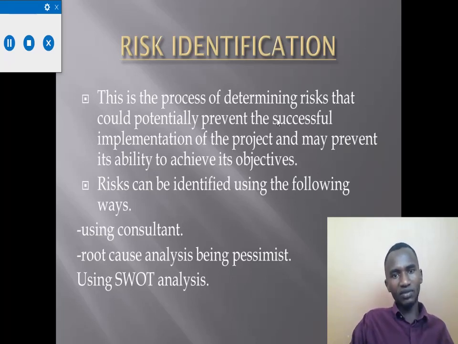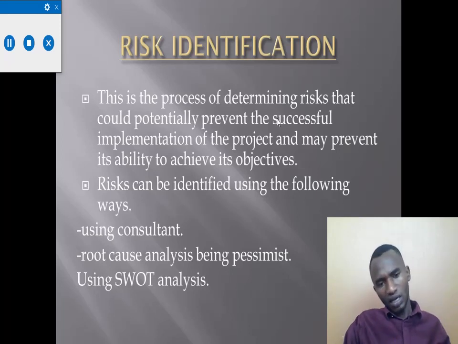Risks can be identified using the following ways. There are specifically 3 ways of identifying risks. One is using a consultant. The second one is root cause analysis, being pessimist. Then the last one is using SWOT analysis.